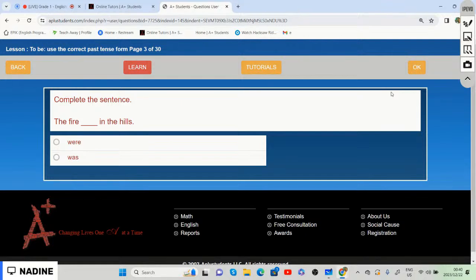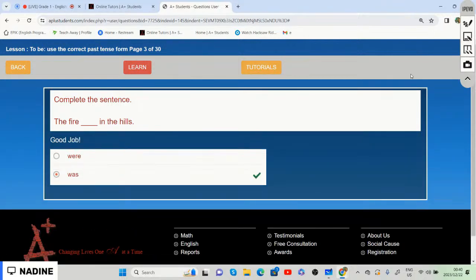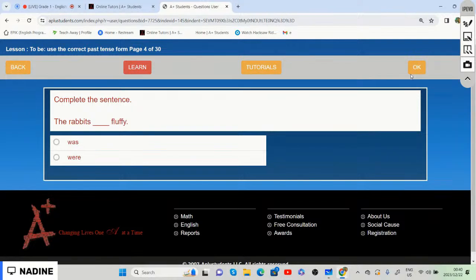If we refer to the fire, one fire, we say the fire was in the hills, because it's referring to one fire.